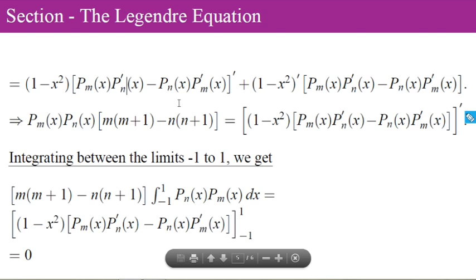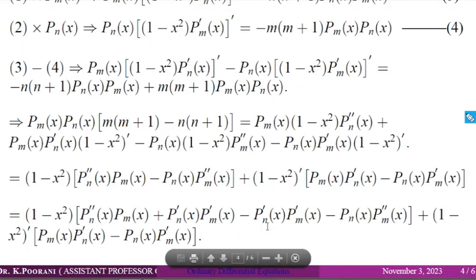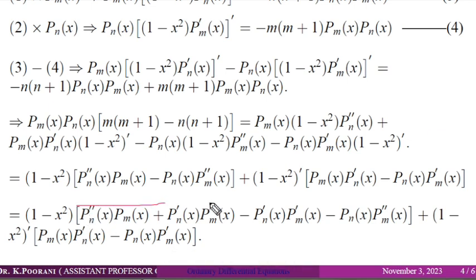Okay, next, keeping pm dash of x constant and differentiating pn of x, what we get, see, minus pn dash of x pm dash of x. Okay, so we can write instead of this.